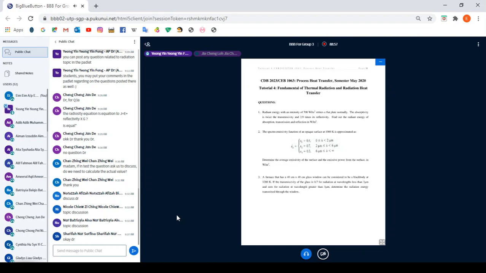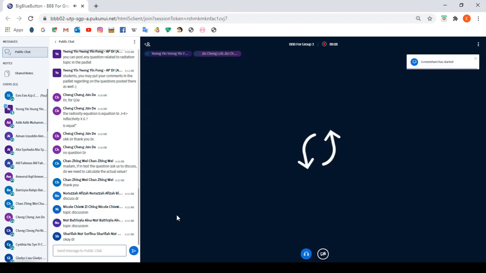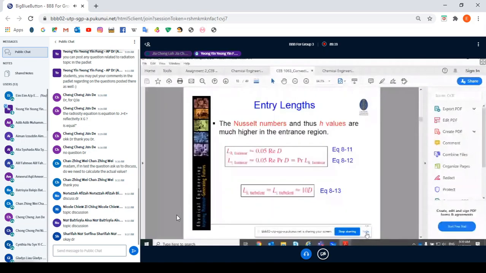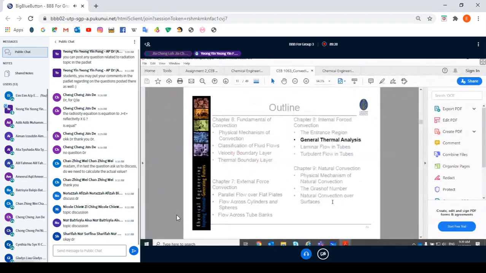You have to use that one, L_T laminar, isn't it? Okay, wait. Okay, this one, isn't it? Can you see the slide? Yes. Okay, you use equation 12. Why?